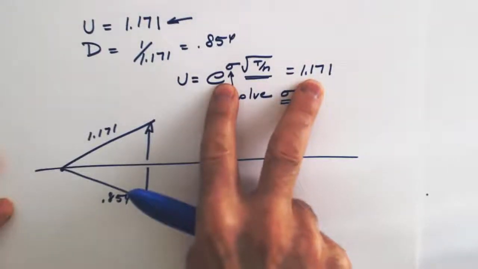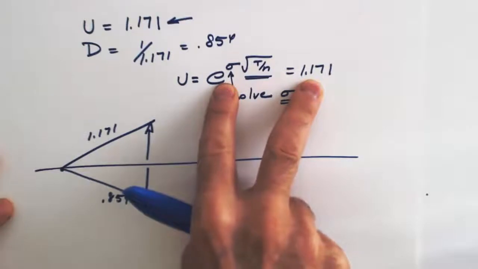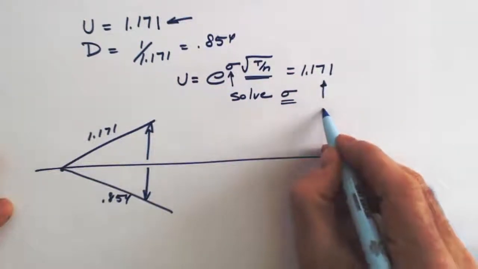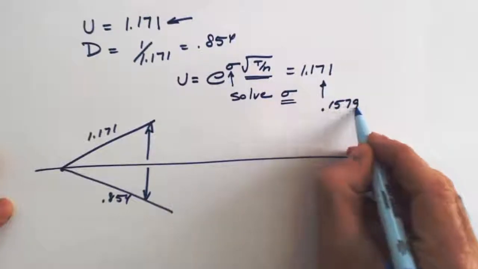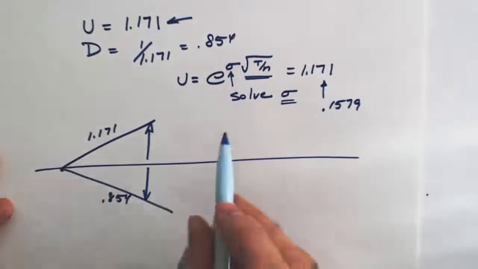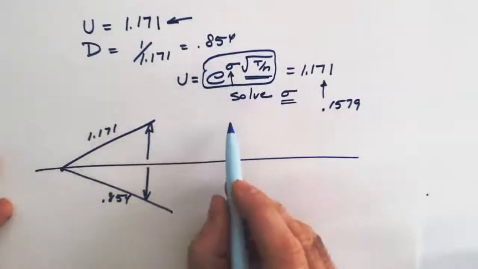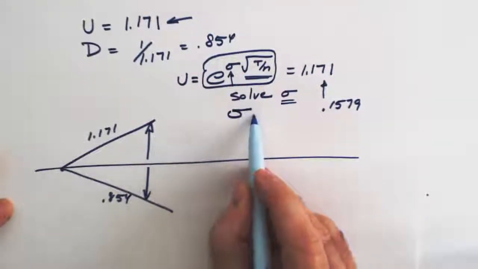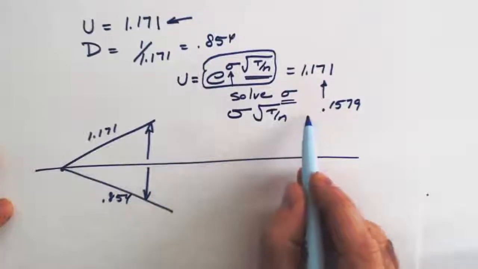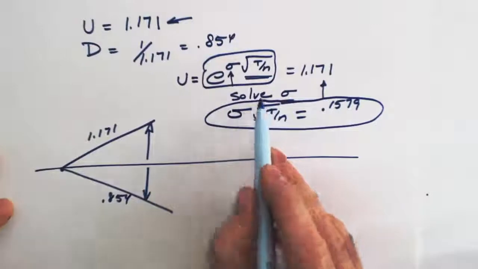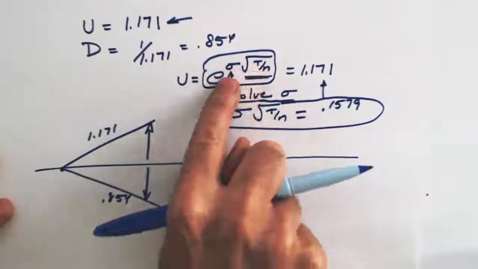If you take the natural log of both sides, the natural log of 1.171 is 0.1579. Okay? The natural log of this right here is simply sigma square root of T over N. And so what we have is one equation, one unknown. We got rid of that exponent.